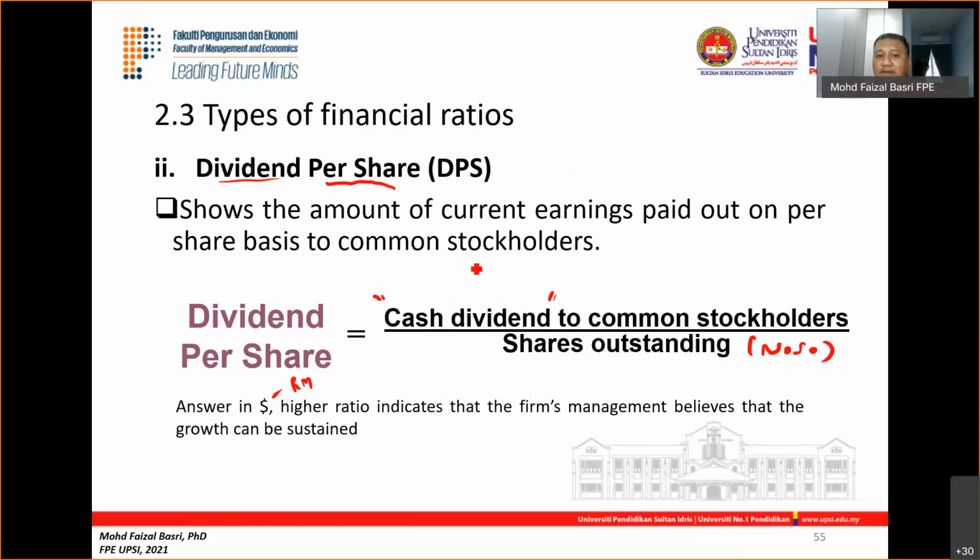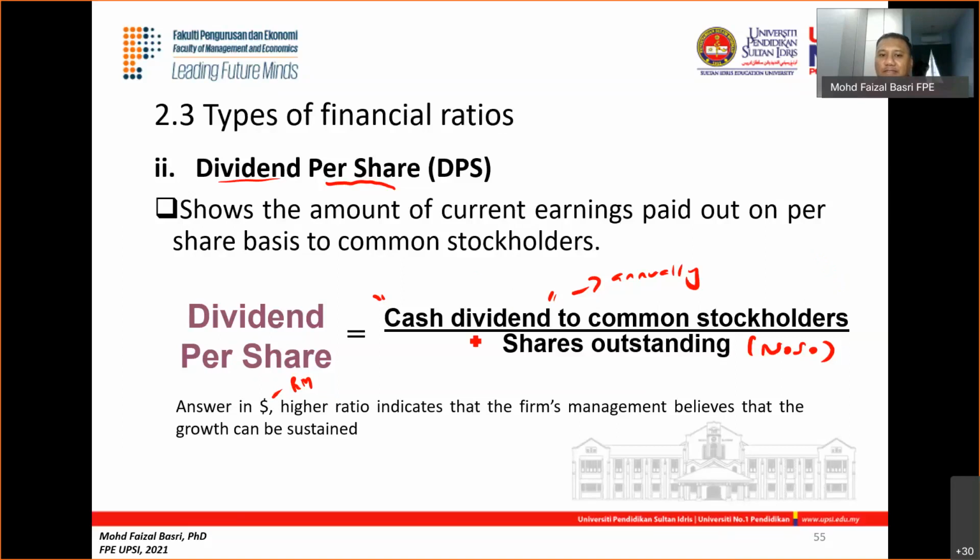Sometimes company can give out dividend in the form of non-cash. But here we just want to know the cash dividend, and we want to know the annual cash dividend, because the cash payment usually they will pay quarterly, every quarter. So we want to know the amount of dividend per year basis. All right, so that's dividend per share.